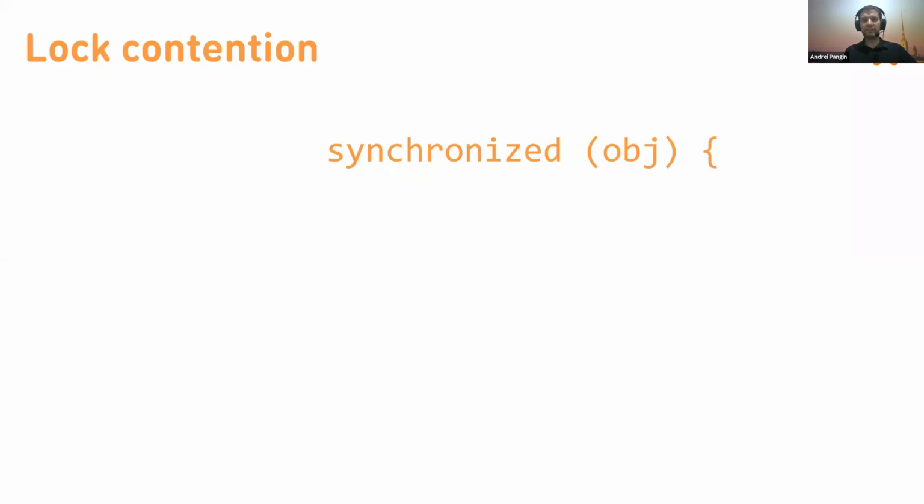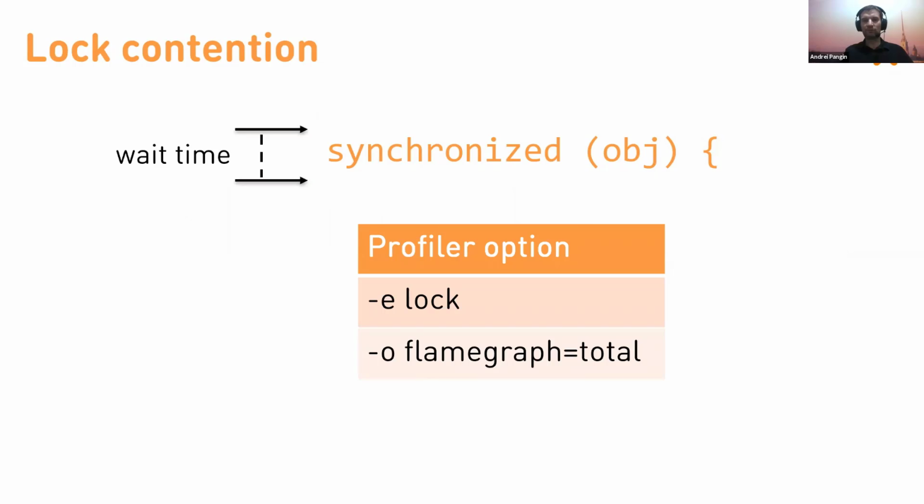A particular case of profiling locks is when there is a contended lock in your application, a lock that is acquired simultaneously by multiple threads. Some time is spent on acquiring the lock, and this time can sometimes be really large. Using Async-profiler, it's possible to measure this time as well. There is a special mode.